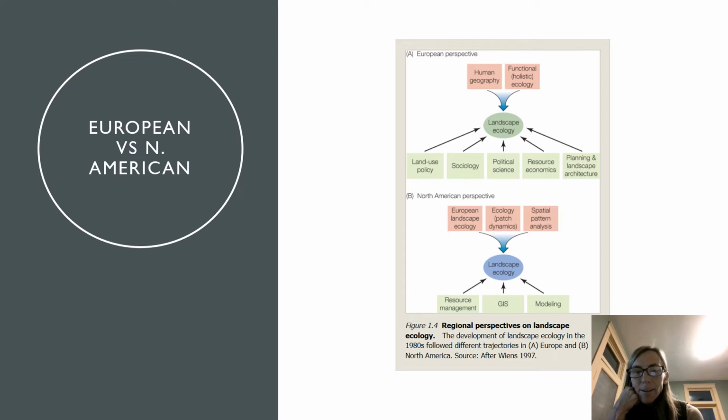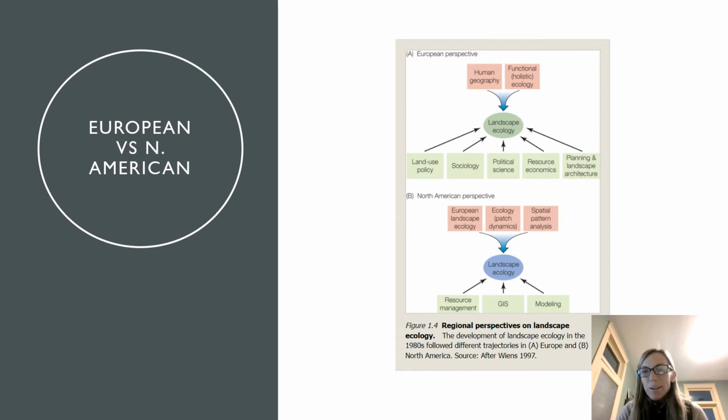In the European version, human geography and functional ecology led to this concept of landscape ecology, but it was more based on human applied realms: human land use policy, sociology, political science, resource economics, planning, and landscape architecture. And then in the North American view, where we see landscape ecology applied is more in the realm of modeling, GIS, and resource management.